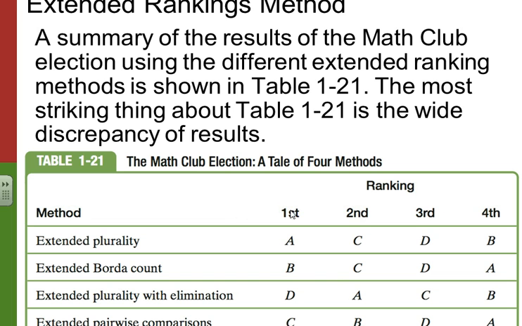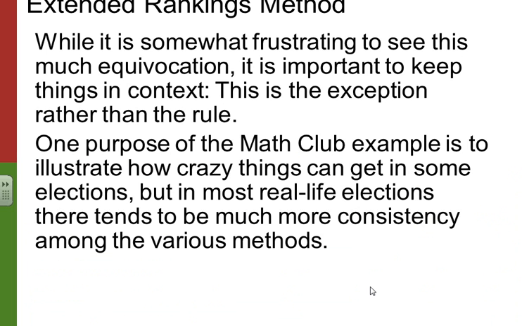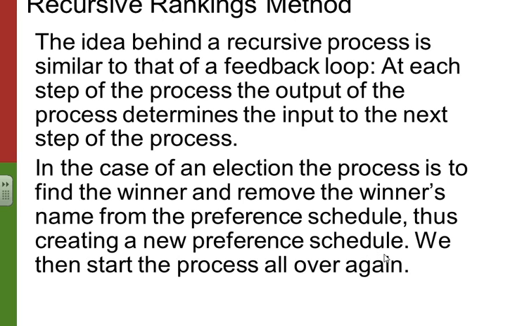Okay, so obviously the rankings will depend on what method we're using. All right. Well, it's somewhat frustrating to see this. It's important to keep this in context. You need to have your rule for the election set up before you do the election. Most real elections tend to be more consistent.